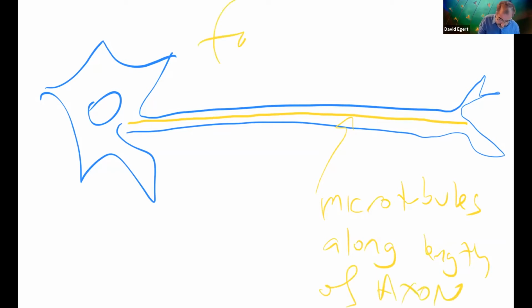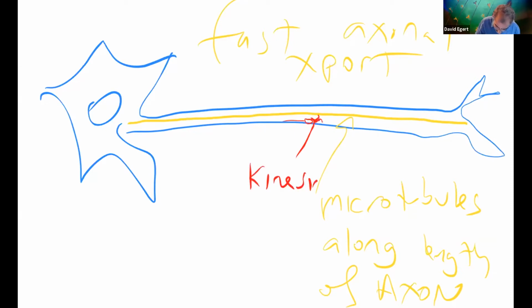This is fast axonal transport. And you have these little proteins, they're called kinesins, that basically walk along and drag things. They use ATP.